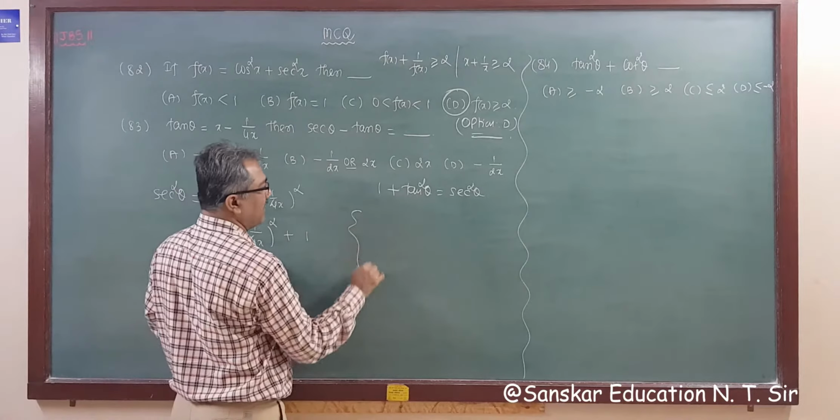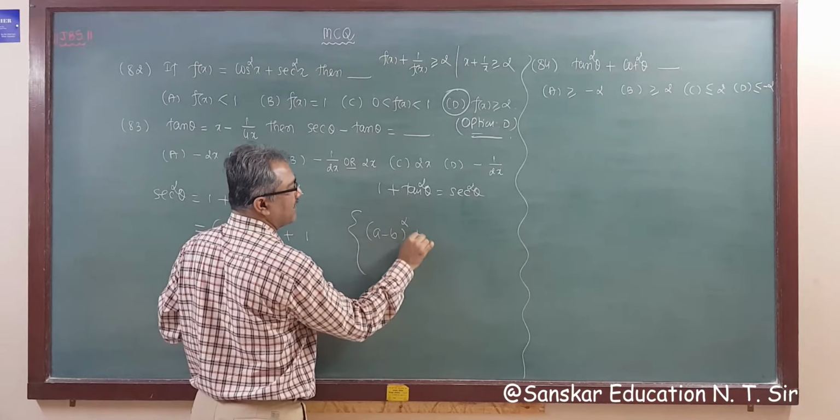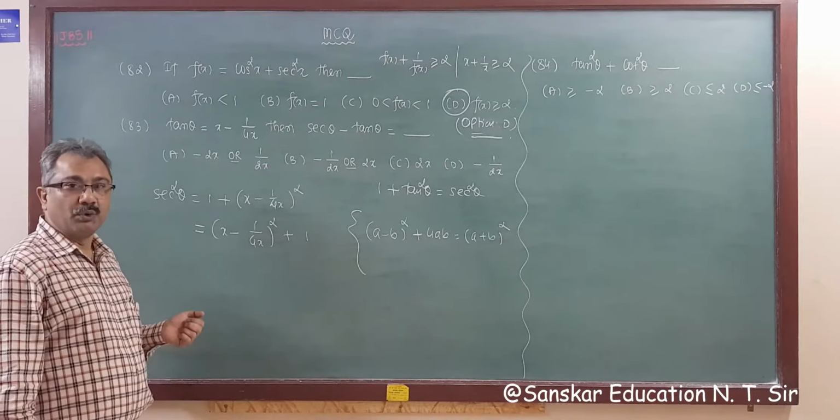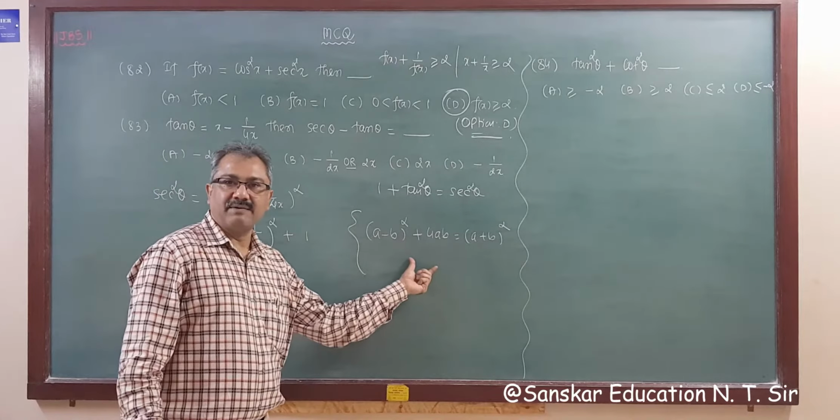Now you have one formula: a minus b whole square plus 4ab is equal to a plus b whole square. This you know. You learn this formula at secondary level.